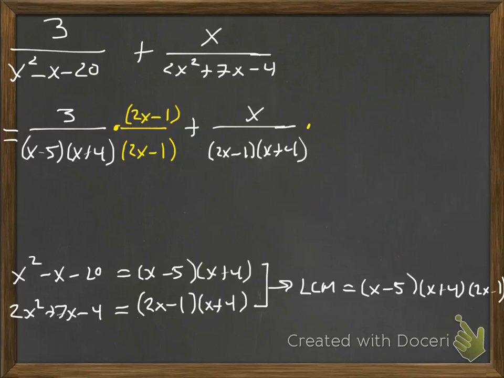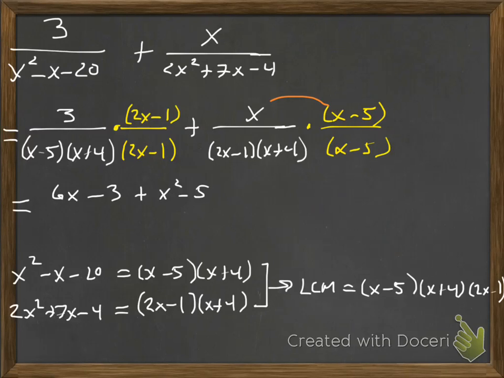And what is missing is an x minus 5, so we'll go ahead and give it the x minus 5. Then if I distribute, we'll have 6x minus 3, and for the second fraction we'll have x squared, and then it should be minus 5x.